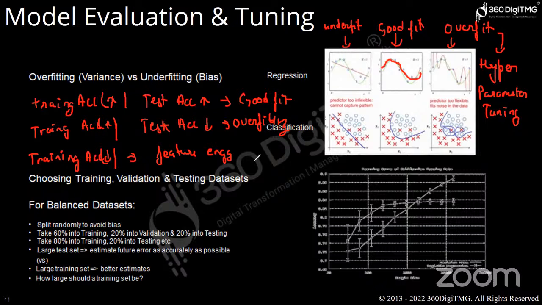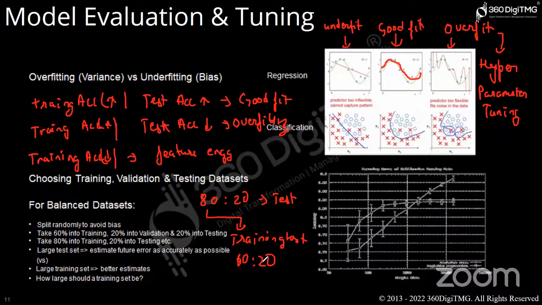Then we split it into 80-20. This 20 goes towards test. This 80 goes towards training and validation. And then we can do 60-20 for this remaining 80%. So that is the ideal split.